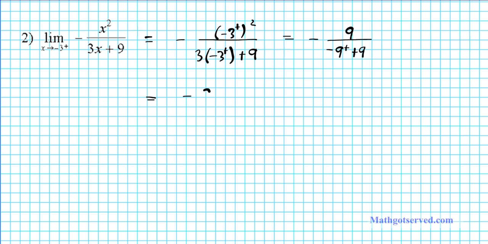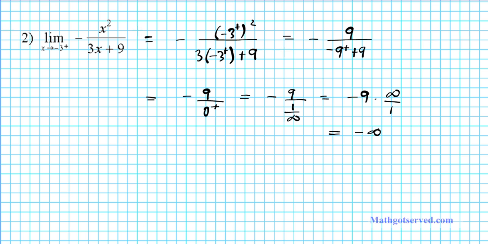We'll have negative 9 over negative 9 from the right plus 9, which is simply going to be 0 from the right. And then if you simplify this, we'll have negative 9 over 0 from the right, which is 1 over infinity. So we'll multiply the numerator by the reciprocal of the denominator, which is infinity over 1. Your final answer is going to be negative infinity.